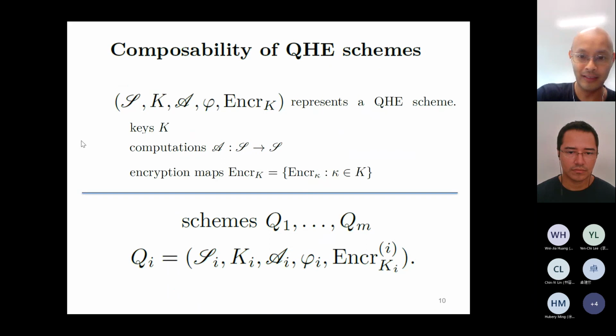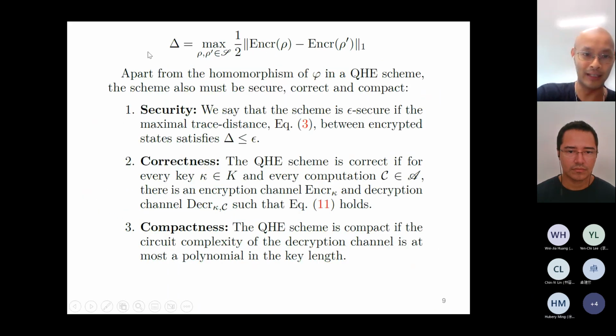What we would like is for this parameter, this epsilon, to be exponentially suppressed in the number of qubits that you use for the quantum homomorphic encryption scheme. So you want this trace distance to approach 0 in an exponential way.